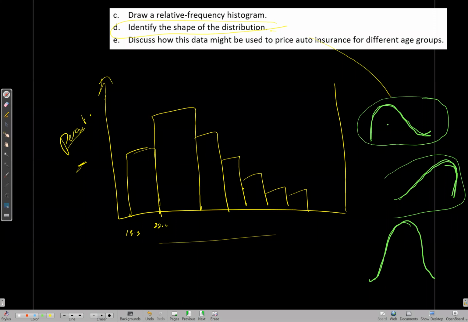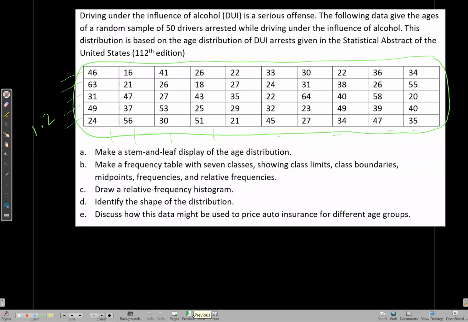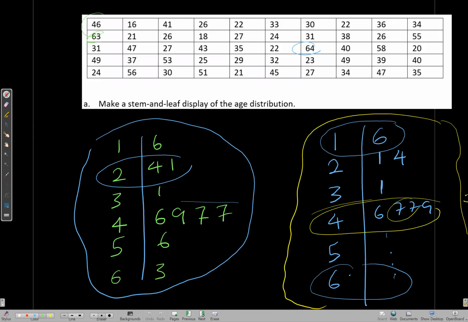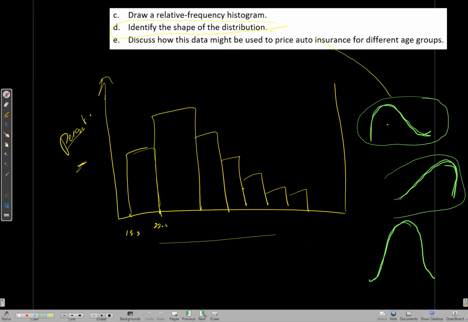Now the question part E depends again on everything you did. That's the idea of why we do statistics. Let's read the question again. This question is about driving under the influence of alcohol. After doing this analysis with the help of these statistics, think about which group has more influence.